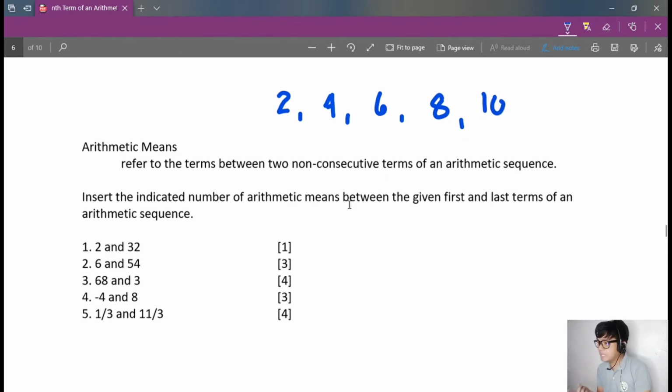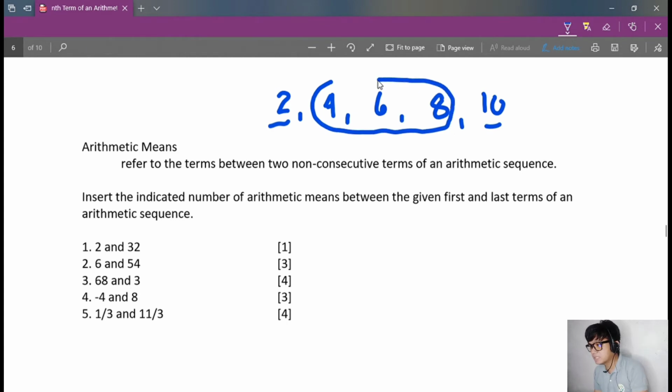So, ang arithmetic means ng 2 pati 10. Ano yung mga arithmetic means nila? Ang arithmetic means, yun yung mga numbers sa gitna. So, ang arithmetic means ng 2 and 10 are 4, 6, and 8.